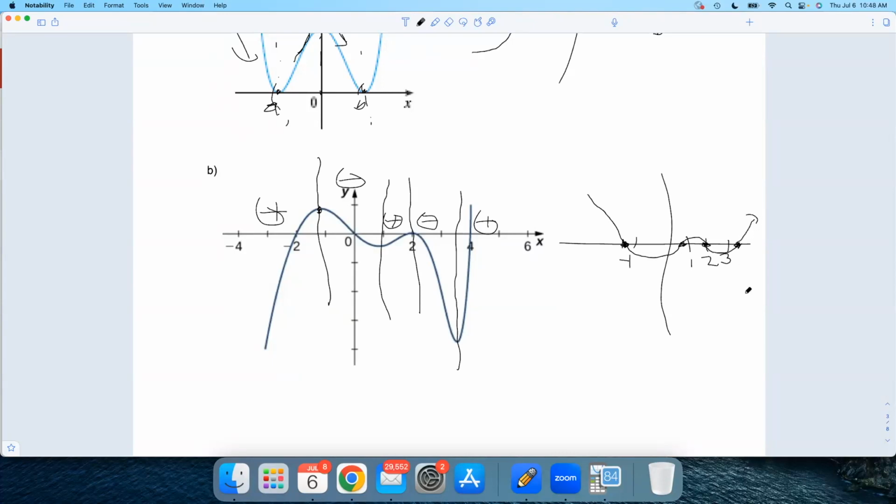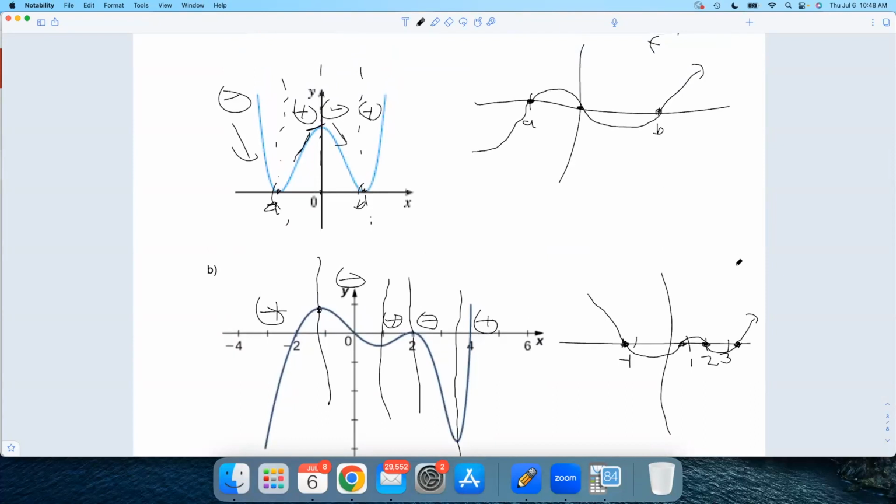Now, this is not a hard, fast rule, but this happens often, as long as you don't have any saddle points. Notice how many turning points I had here. I had 1, 2, 3, 4. Look at my derivative. I've got 1, 2, 3 turning points. Notice up here, I had 1, 2, 3 turning points. My derivative only has 2.